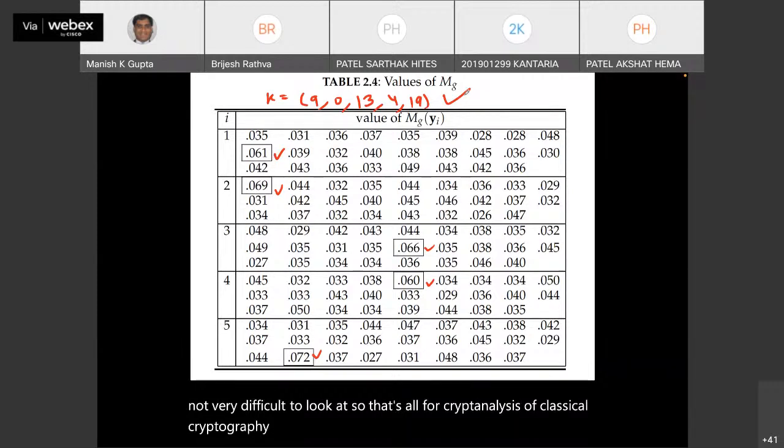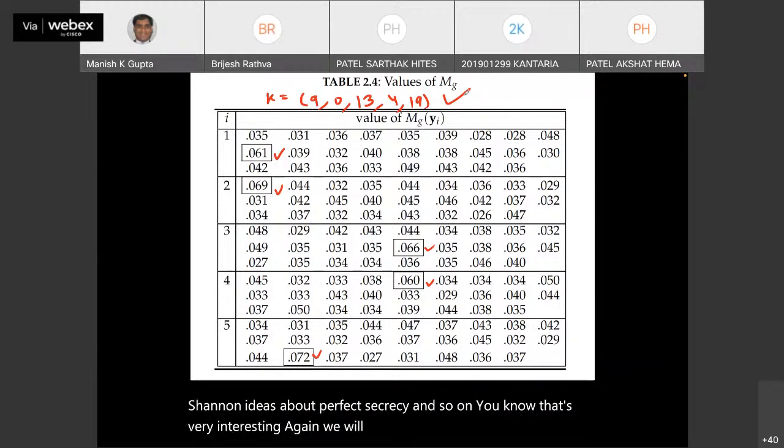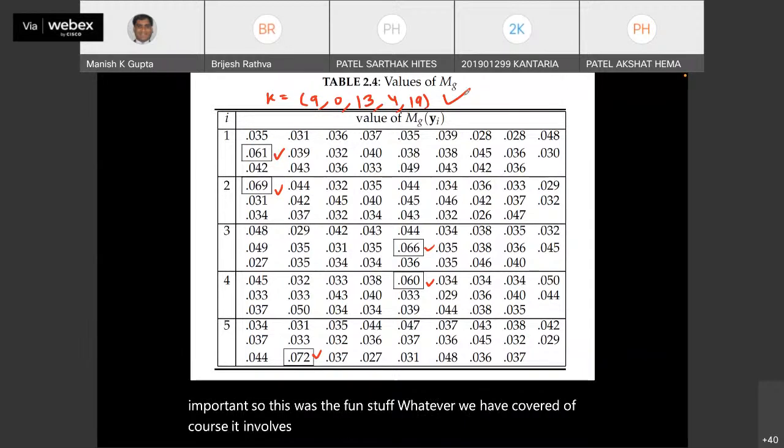In the next class, I'm going to start Shannon's ideas about perfect secrecy and so on. That's very interesting. Again, we'll do a couple of probability things to give the foundation of cryptography. This is very, very important. So this was the fun stuff we have covered. Of course, it involves some technical stuff, but the cryptanalysis section is interesting.